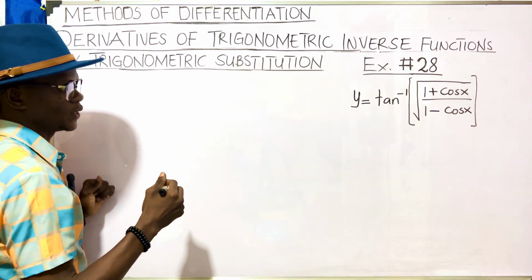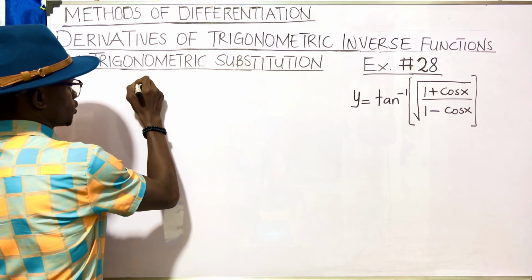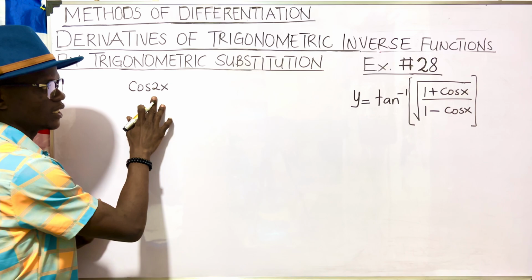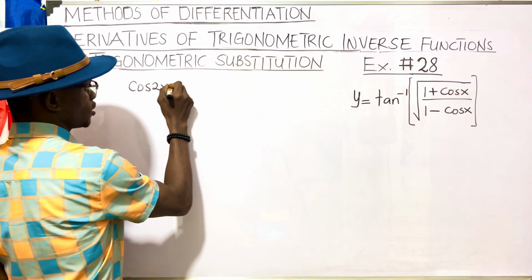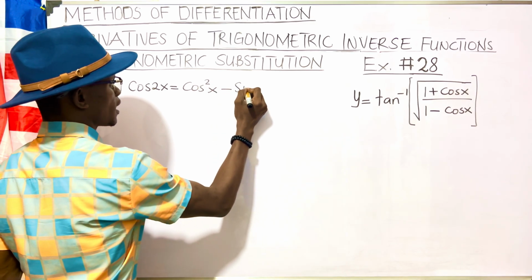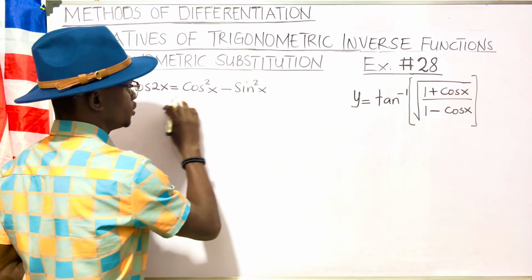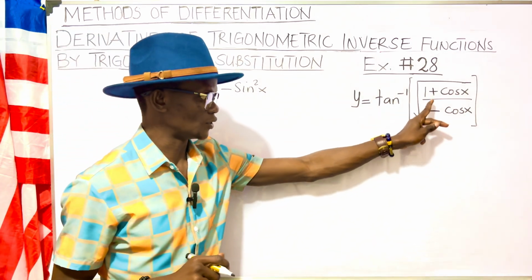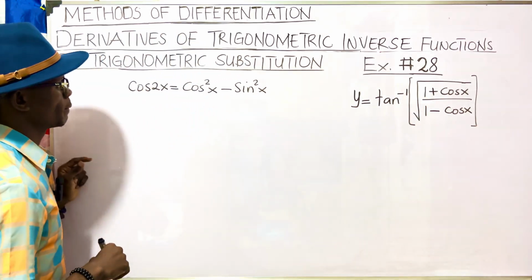So the first thing we know is the cos of 2x, the double angle identity. So cos of 2x is equal to cos square x minus sine square x. We can use this identity as a basis for deriving the identity for these two expressions.